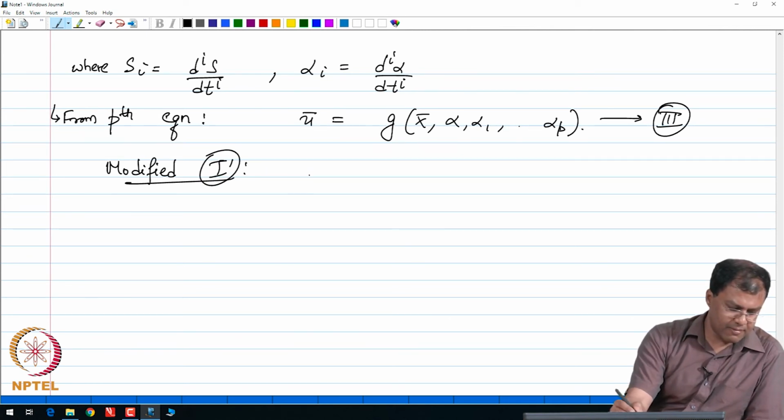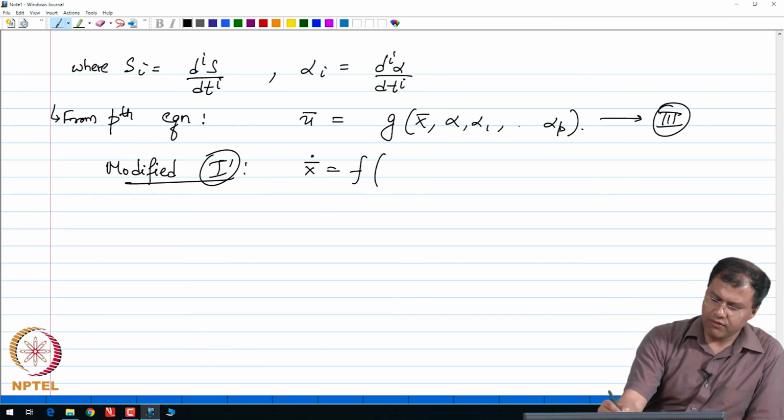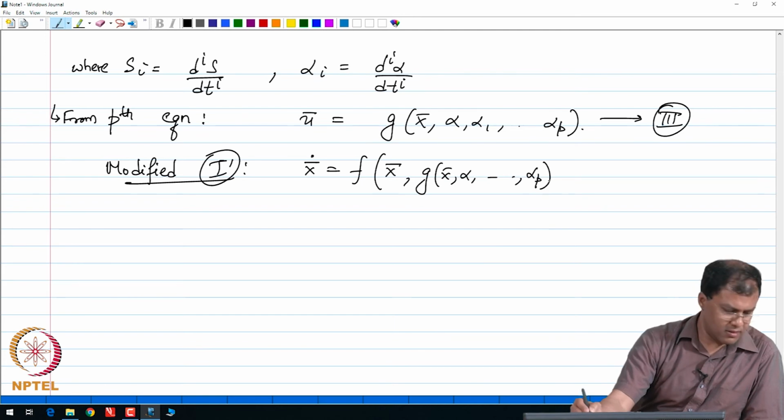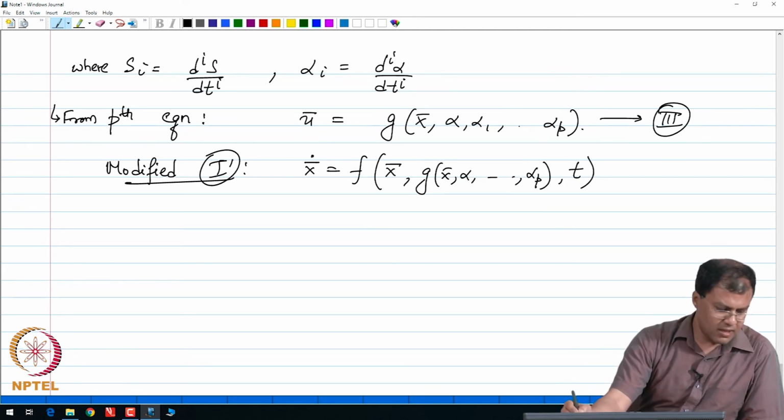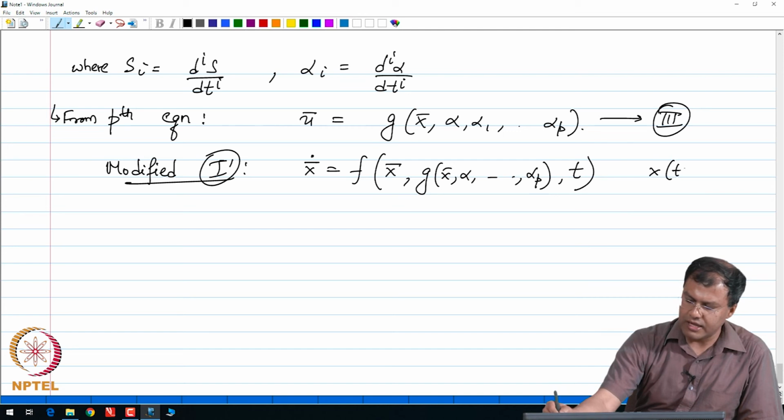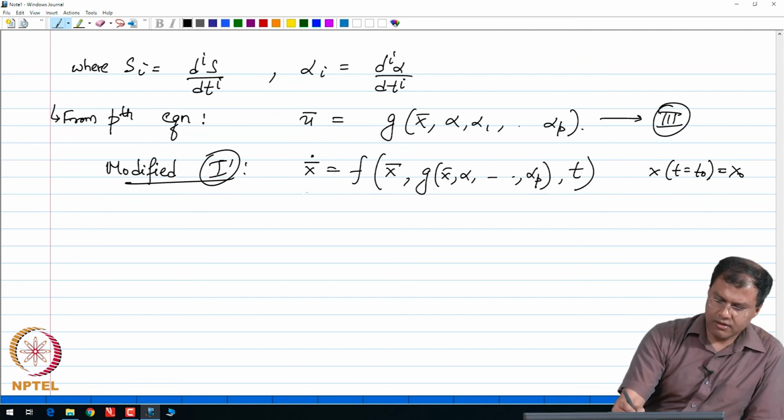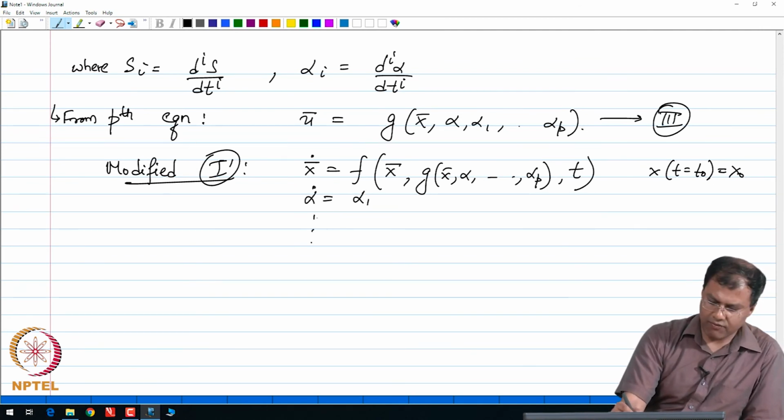originally it was, is now x bar dot is f of x bar comma u, now is g of x bar comma alpha p comma t, and I am given that x at t equal to t 0 is x 0, and further I have that alpha dot is equal to alpha 1 and alpha 1 dot is equal to alpha 2 and alpha p minus 1 dot is equal to alpha p, right.